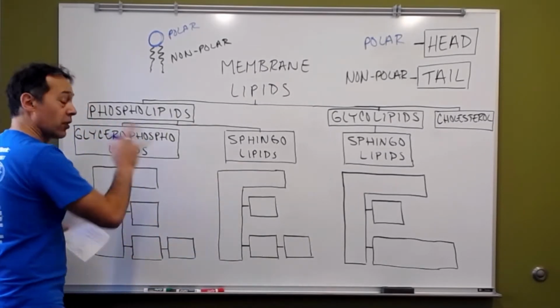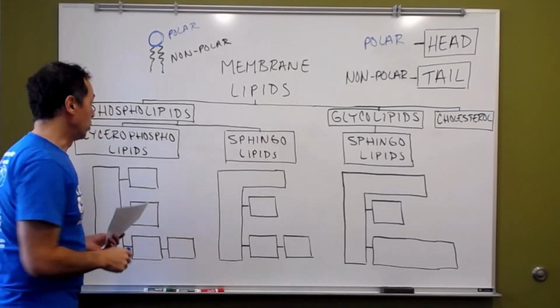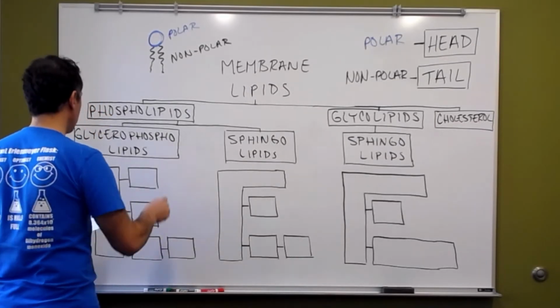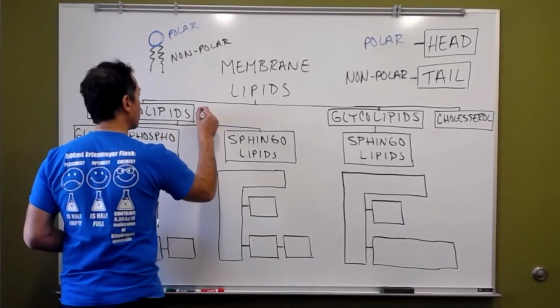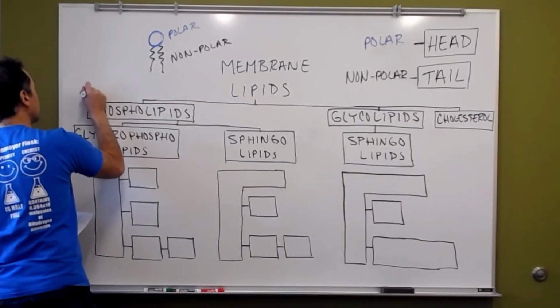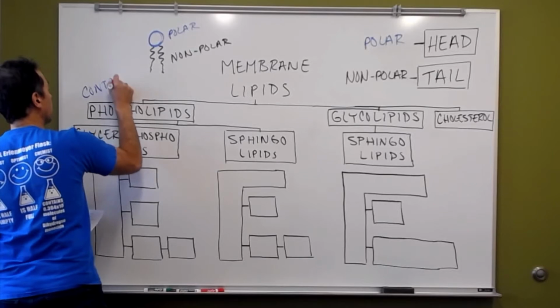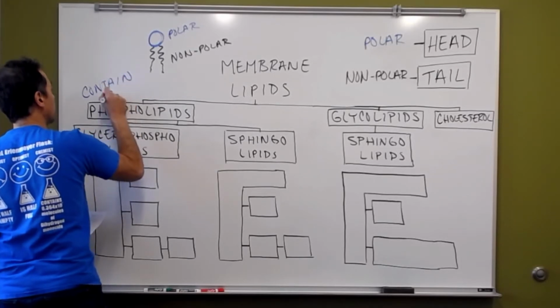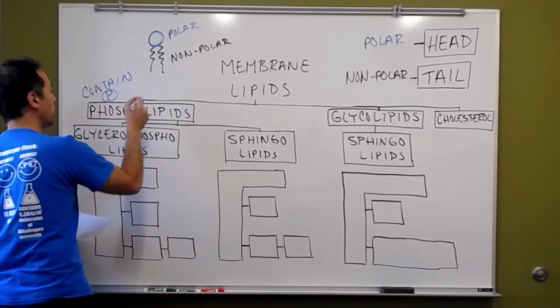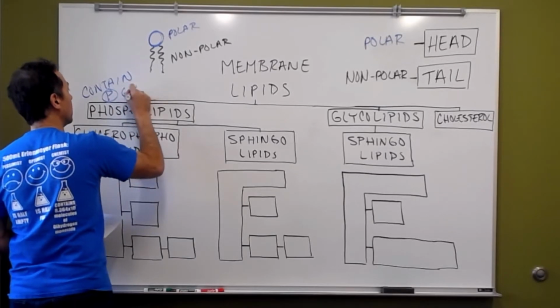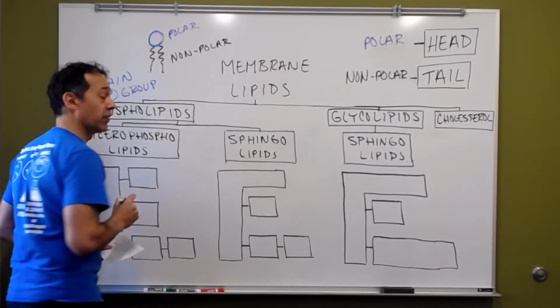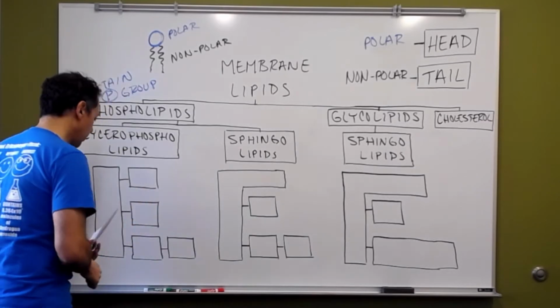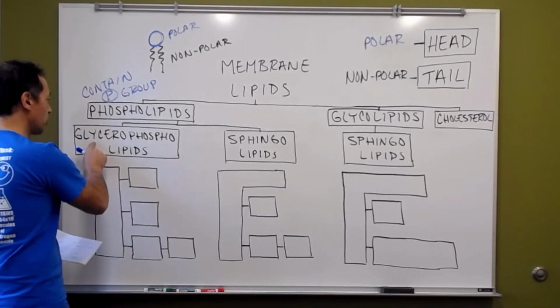Now, these phospholipids all contain a phosphate group. So I'm just going to put in here: contain a phosphate group. That's just a P with a circle there. The backbone of this first one here is a glycerophospholipid.